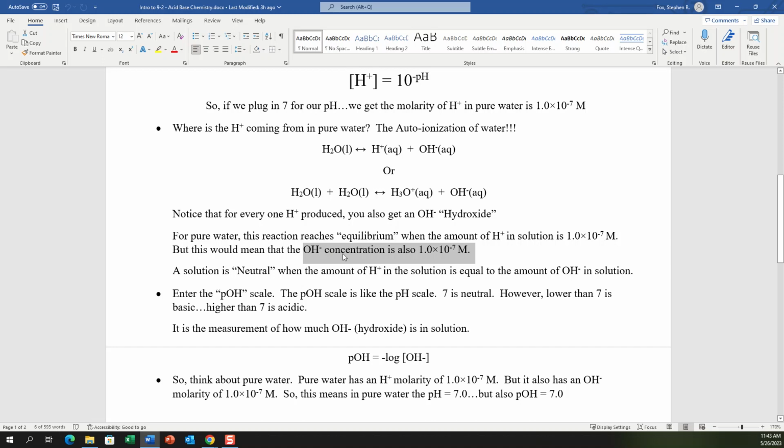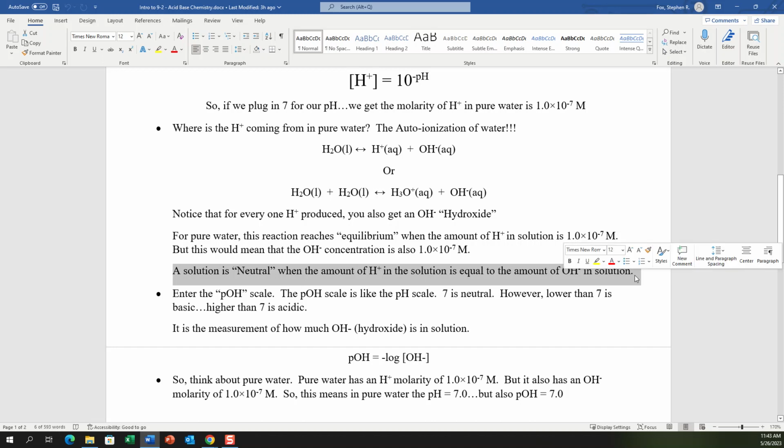So really, something's neutral when the amount of H plus and the amount of OH minus are equal to each other. When the amount of H plus and the amount of OH minus are the same amount in a water-based solution, you will have a neutral pH.